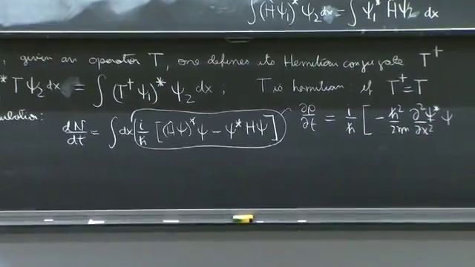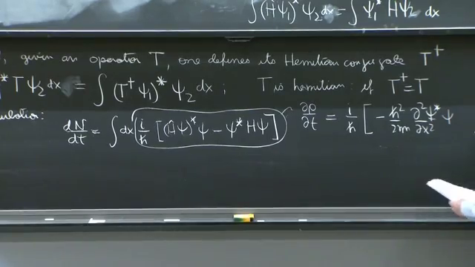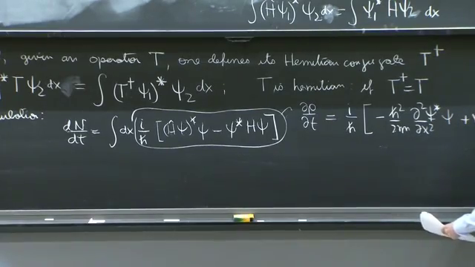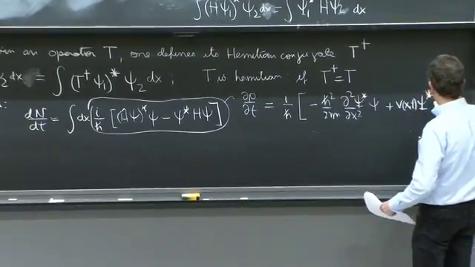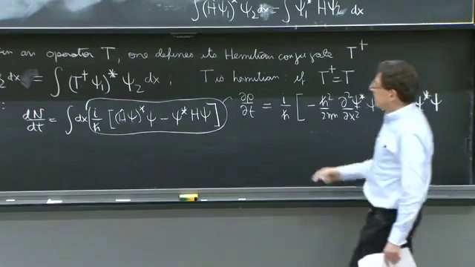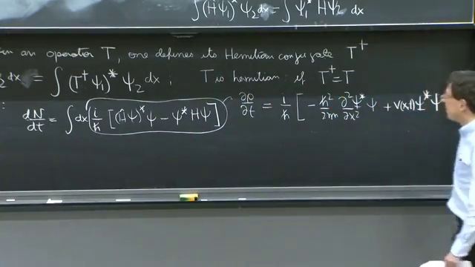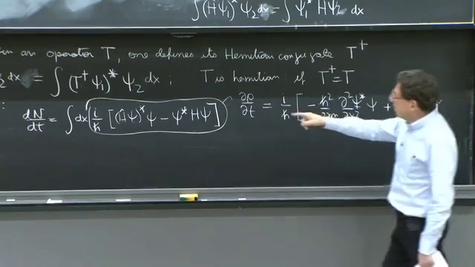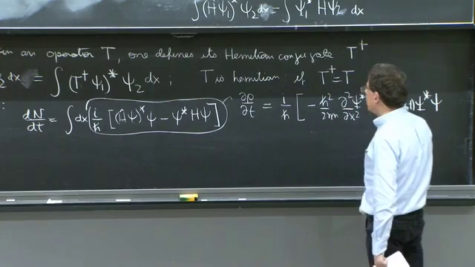And then the other term in the Hamiltonian is the potential. So it would be plus V of x and t, psi star psi. This other term would be minus psi star H psi.